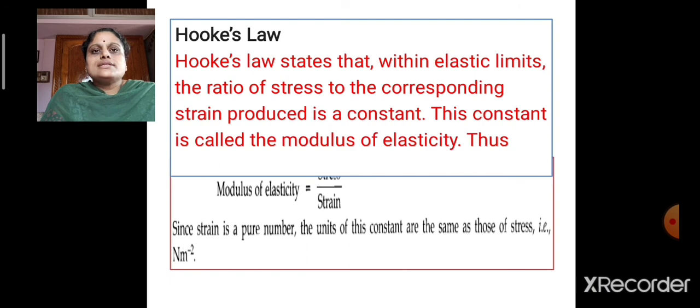Now let us discuss Hooke's law. Hooke's law states that within elastic limits, the ratio of stress to the corresponding strain produced is a constant. This constant is called the modulus of elasticity.